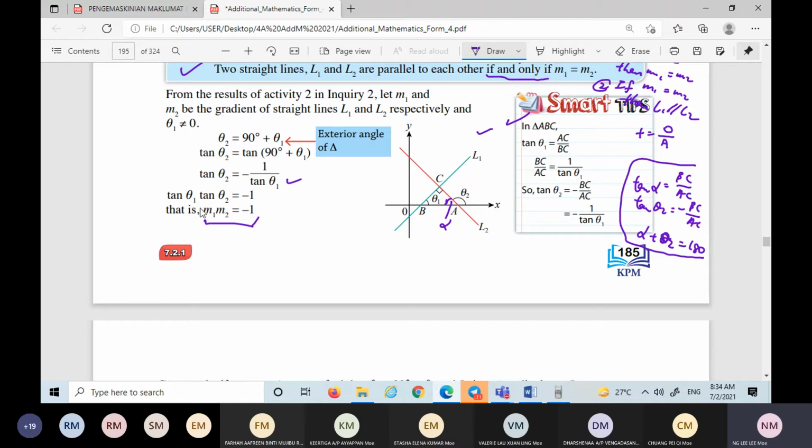Replace tangent theta 1 with m1 and tangent theta 2 with m2, then m1 times m2 equals -1 for perpendicular lines. This is the proof for perpendicular lines: the product of their gradients is equal to -1.